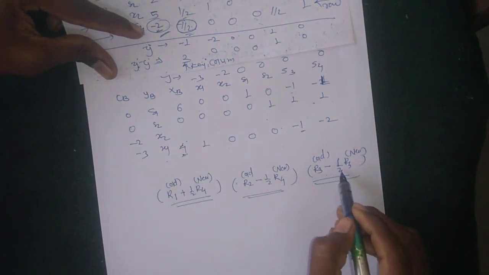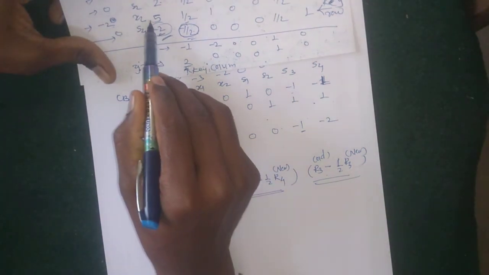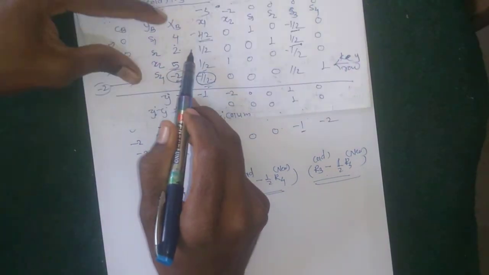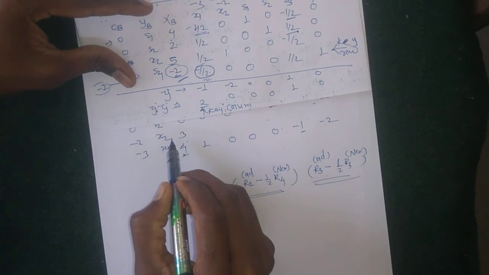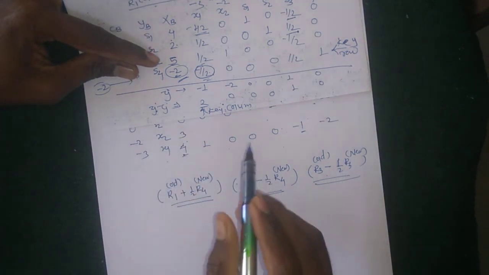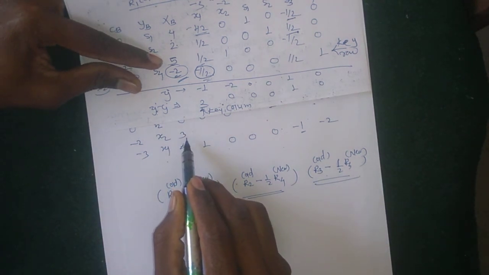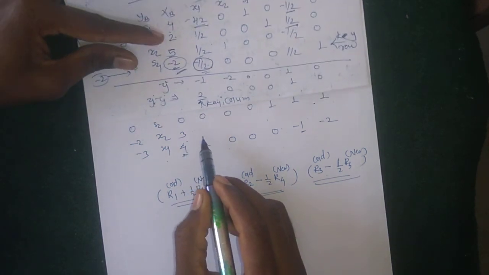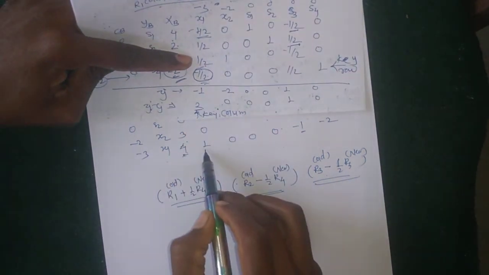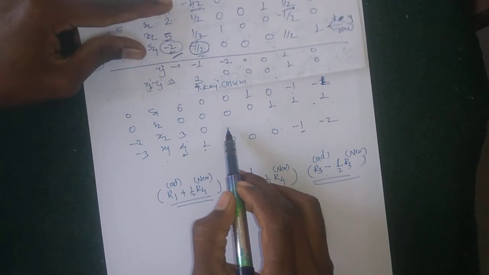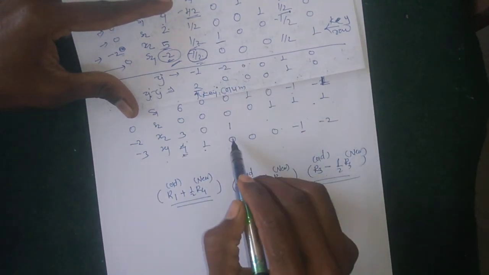Then the third row, R3 minus 1 by 2 R4. Here R3 is 5. 5 minus 1 by 2 of 4, that is 2, so 5 minus 2 is 3. The x3 column is 3. Then for the x1 column, 1 by 2 minus 1 by 2 is 0. For the x2 column, 1 minus 1 is 0.